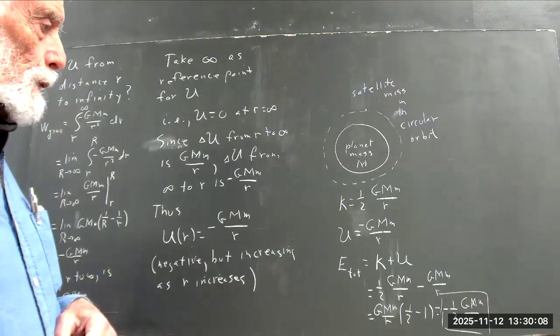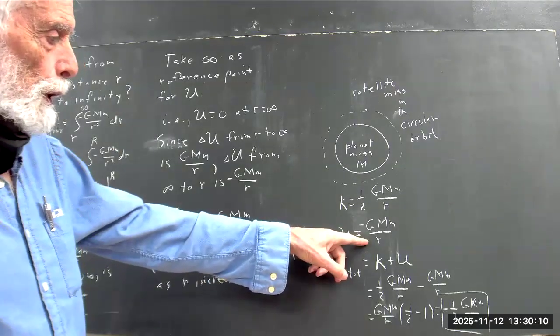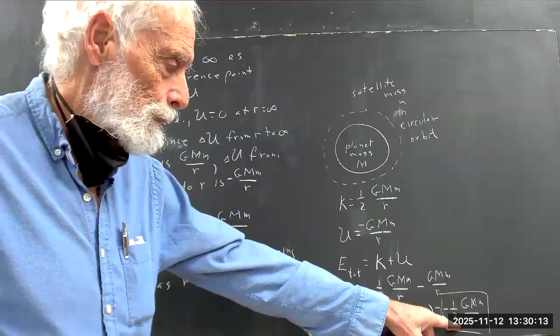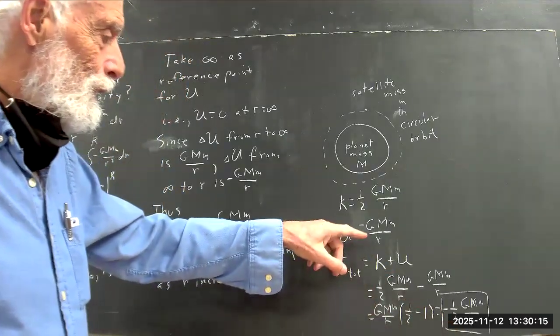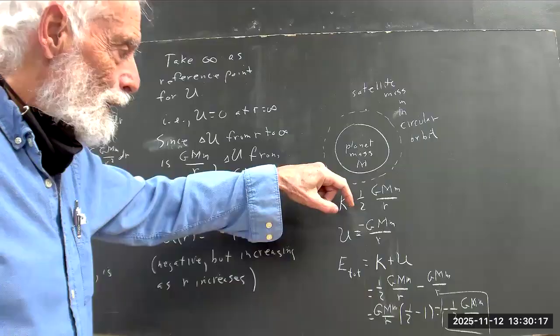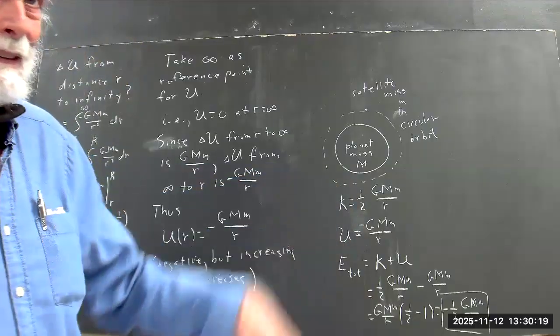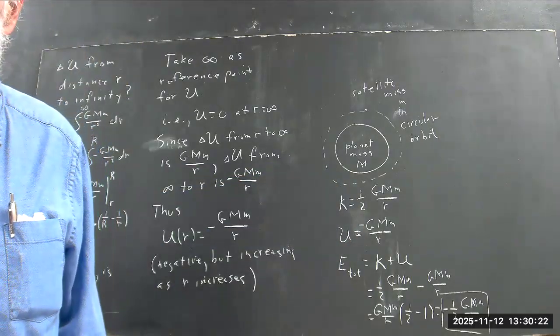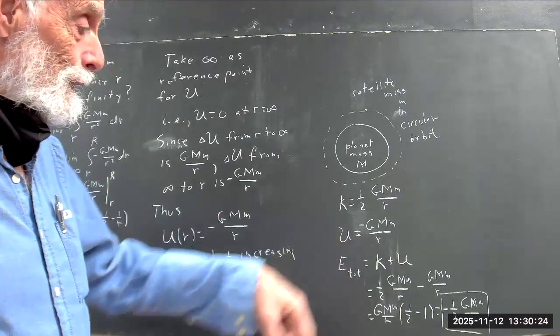But the potential energy at the surface of the Earth, where R is less than it is at the orbit, is greater than this, okay? Because R is less.